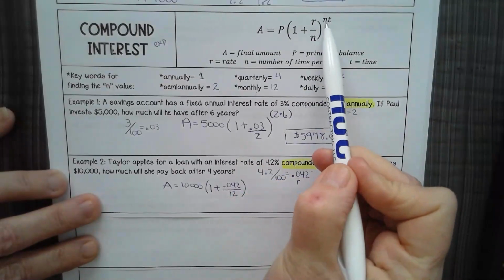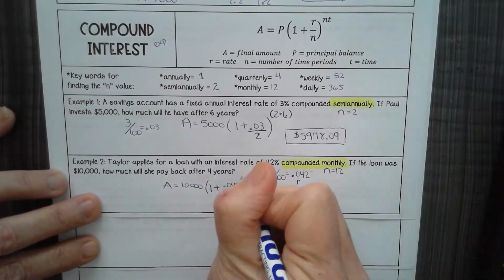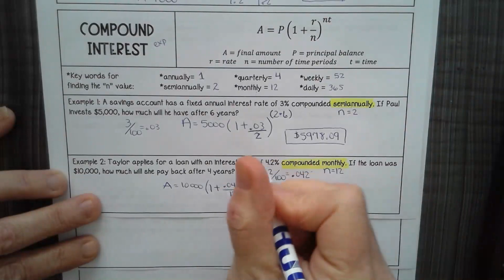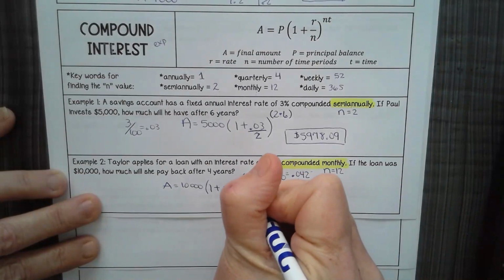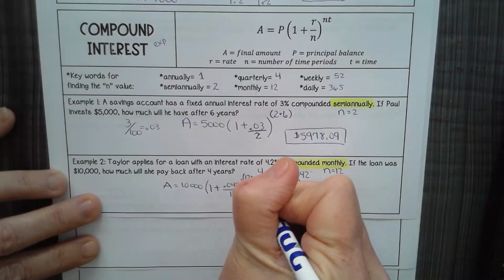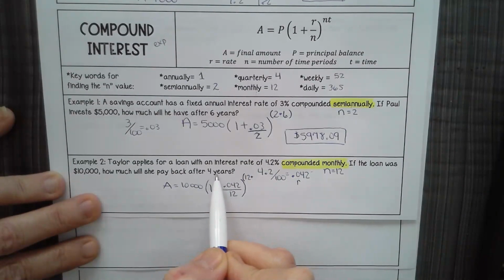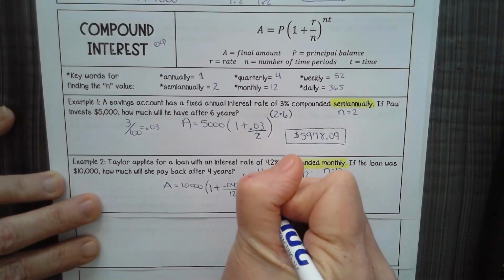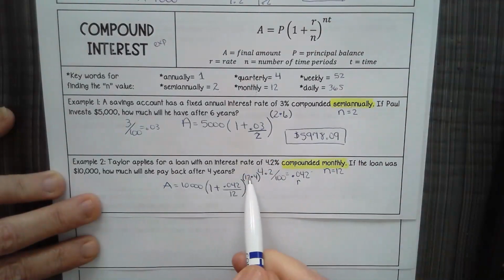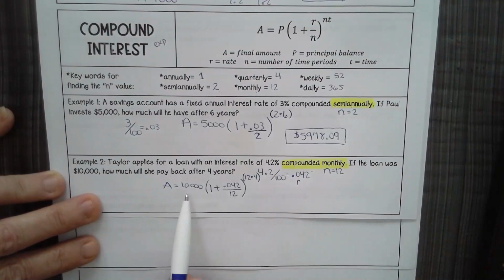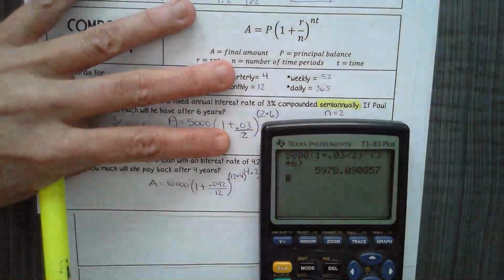And again, the nt, we need to put that in a parenthesis. It's a power. N is 12. And that's going to be multiplied. That's not a decimal. That's multiplied by the number of years he has the loan. That's 4 years. And now we're going to put all this in the calculator to see how much she's going to pay back. So here we go.